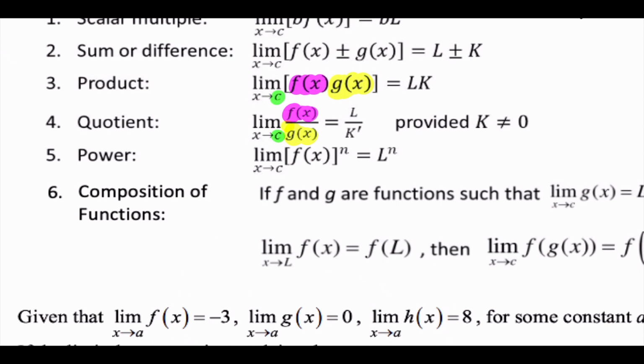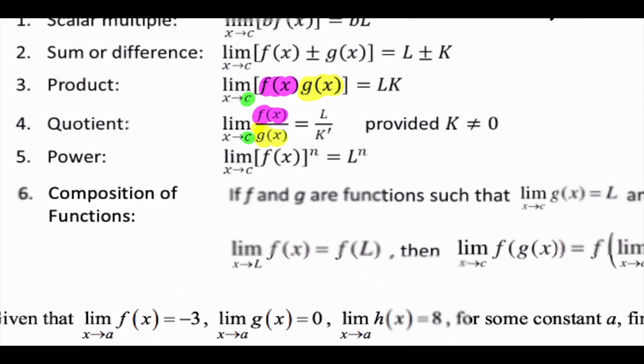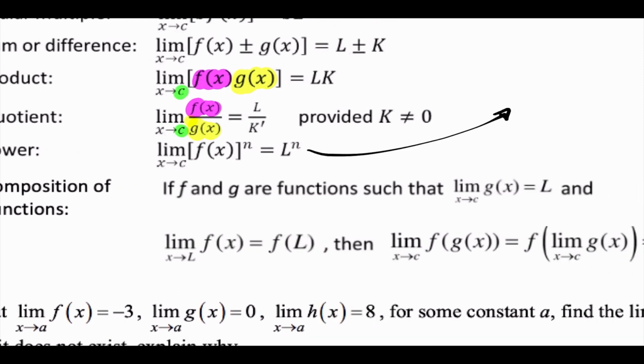Okay? Power. If you have a function to a power, so for example, if we're doing the limit as x approaches some number for 5x squared, so the whole thing is squared, I can find the limit of 5x and then square my answer.